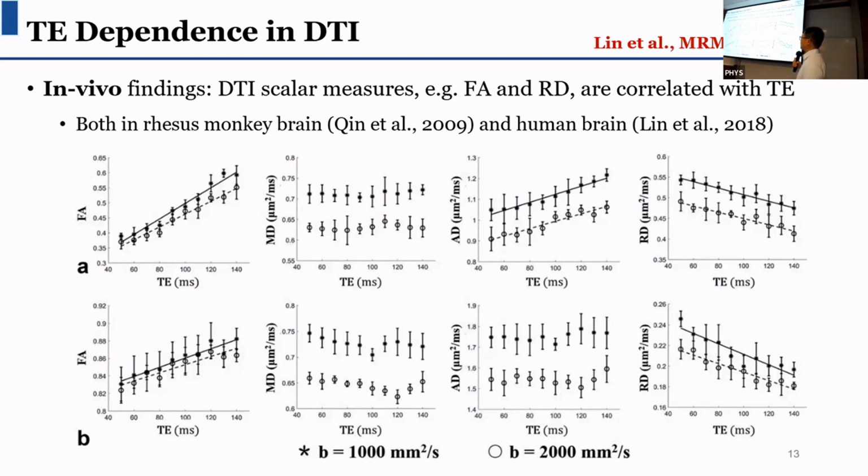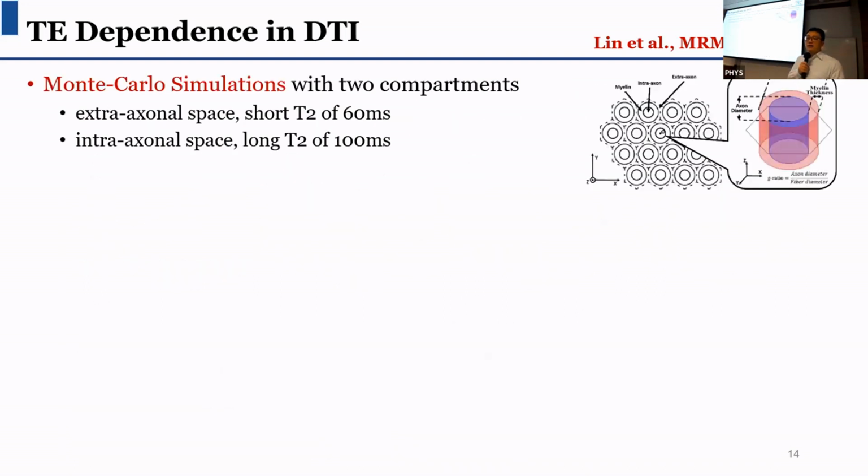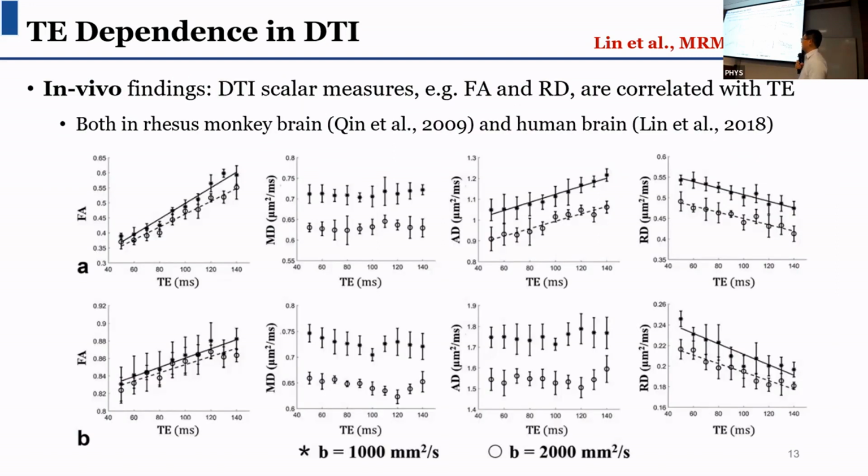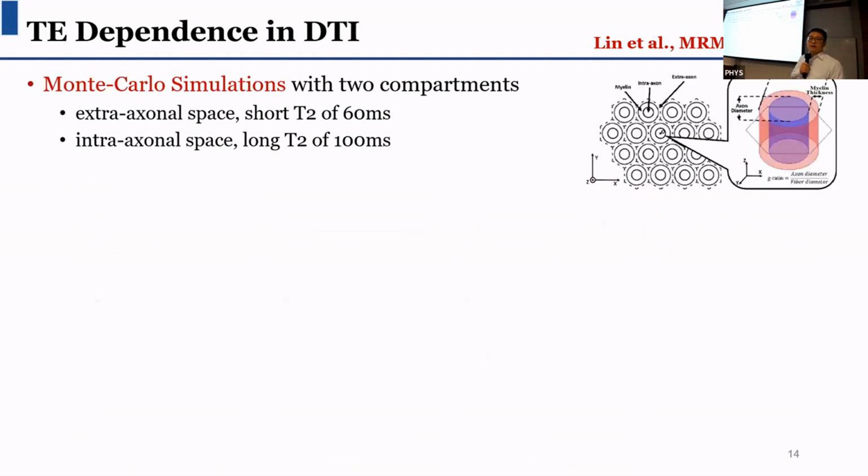You also see this in axial diffusivity, where the water molecules travel parallel to the axon, and in the perpendicular direction to the axon, the RD value. You can always see this linear correlation. The thing is, people don't understand why, and this is repeated both in monkey brain and human brain. So we're trying to understand why this phenomenon, this linear correlation, looks this way.